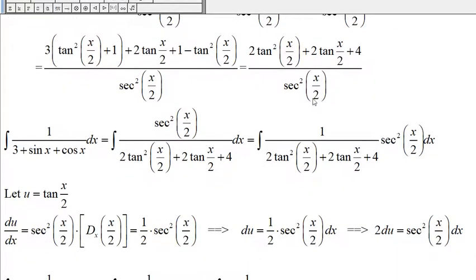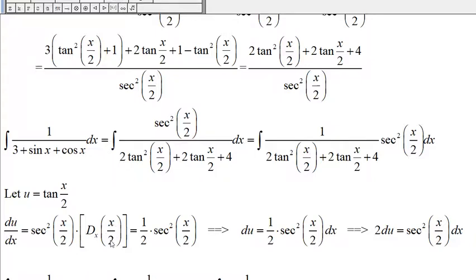Now we want the integral of this expression. We can let u be tangent of x over 2, because the derivative of tangent is secant squared. The du/dx will be secant squared of x over 2, and then we have to multiply by the derivative of x over 2. This is the chain rule.